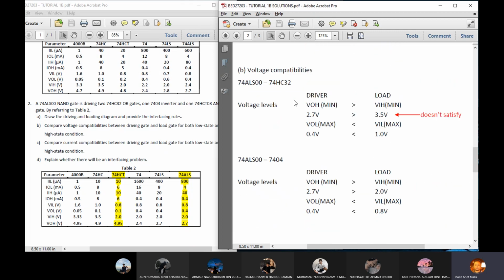But for voltage compatibilities, you have a problem for interfacing of 74 ALS and 74 HC at high level voltage compatibilities. That is here. That is where the problem is. This is where you find your problem, between ALS and HC at high level voltage.